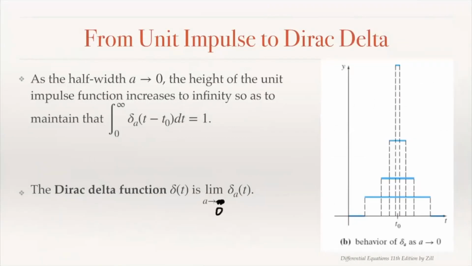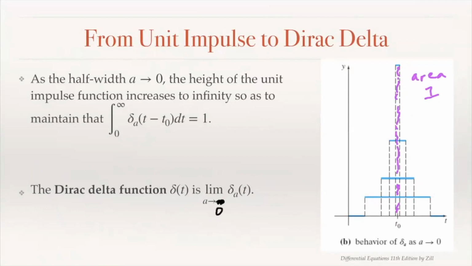And as a gets smaller and smaller, our unit impulse function looks like this. By the way, it's called the unit impulse because unit 1, area 1. So as the radius gets smaller and smaller, our height has to get taller and taller in order to preserve that this always has area 1.